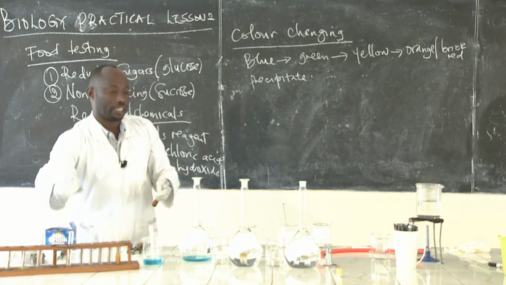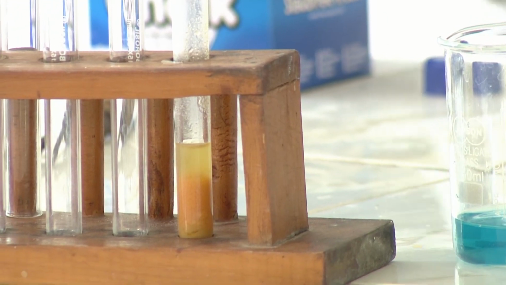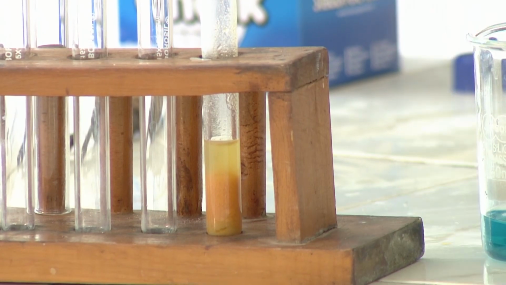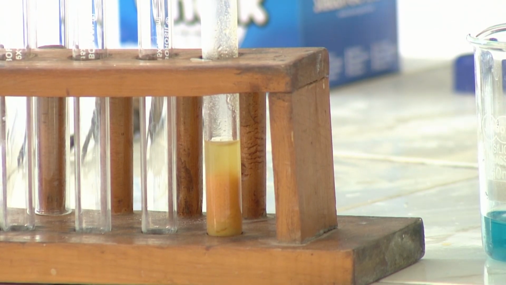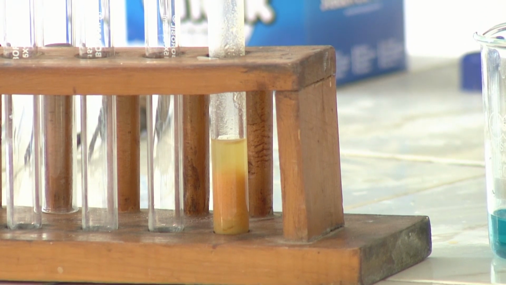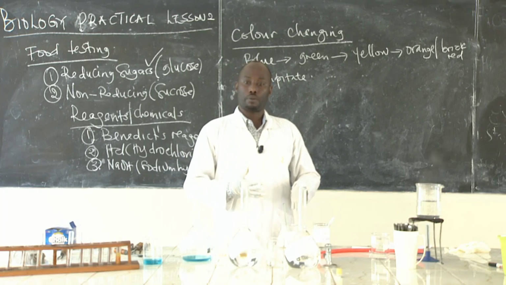The second practical: we are through with the reducing sugars. Let's talk about non-reducing sugars. For the non-reducing sugars, today we're going to use sucrose as a sample. We are going to be testing for the presence of sucrose in our sample.